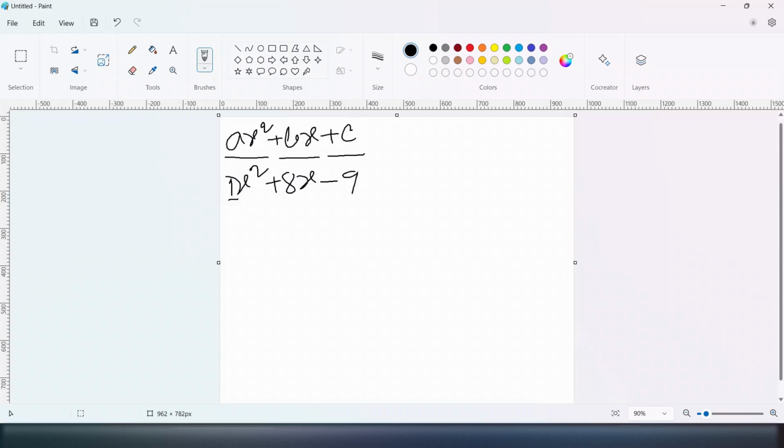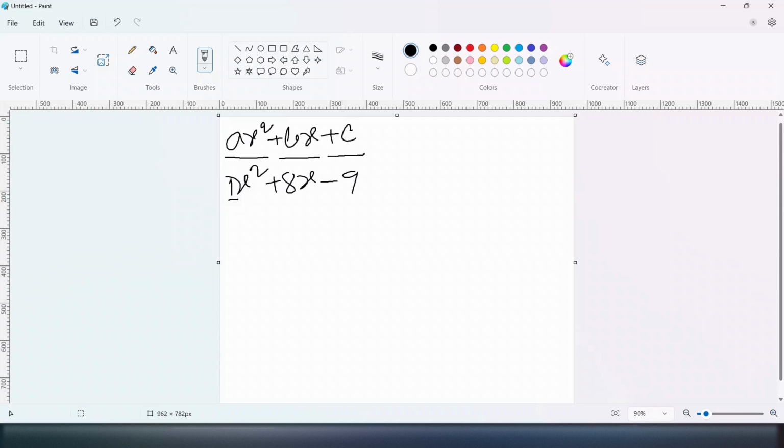So a equals 1 here, and as in multiplication, 1 will always give you whatever you multiplied that with, so that value. So this is why 1 is not written here, but as you are a middle schooler, I'm just explaining that, right? So you have ax square but for this term you have 1x square, right?